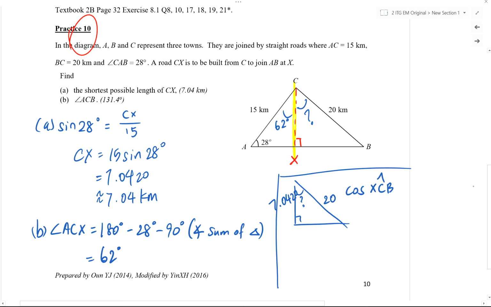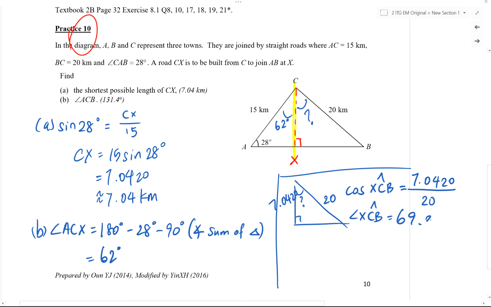Therefore, cosine of this angle, known as XCB, equals adjacent CX, which is 7.0420, divided by hypotenuse of 20. So angle XCB equals cosine inverse. You can write out cosine inverse, or you can just straight away use your calculator to find out the value. Inverse cosine, earlier on my answer was 7.0420, and we divide this by 20.